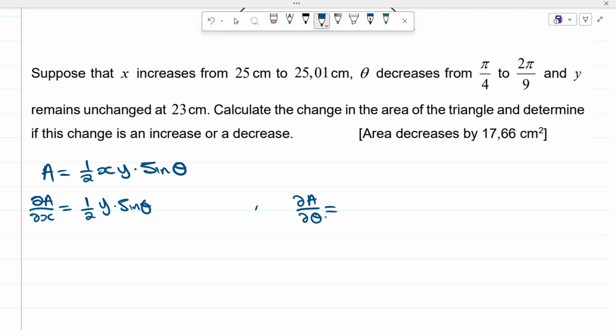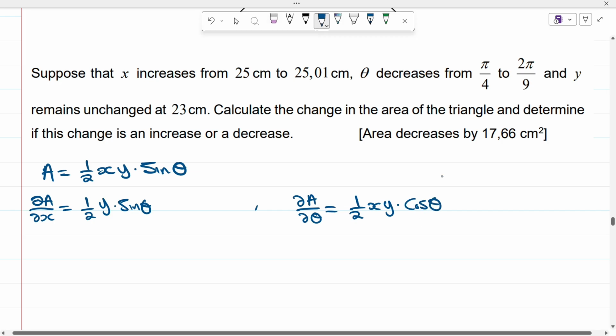Now let's differentiate with respect to theta. x and y are constants, so we should get 1/2 xy multiplied by cos of theta. Since x and y are constants, we're only differentiating sine theta, and it changes to cos of theta.